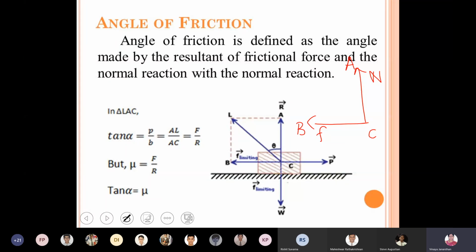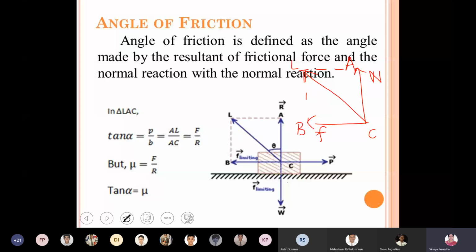First, can you identify this in your diagram? What are the two forces? One is the normal reaction, the other one is the frictional force. These two forces form the sides of the parallelogram. The resultant of these two forces is given along the diagonal of the parallelogram.